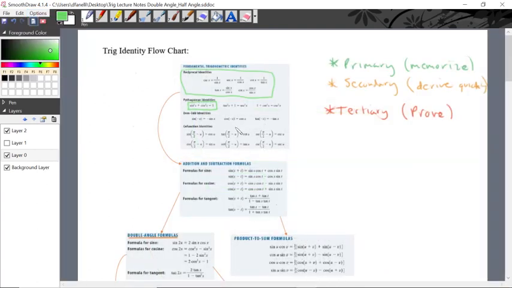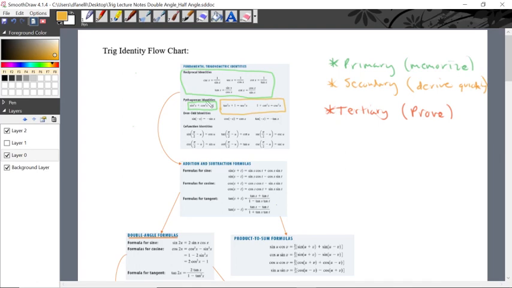Now, the other two Pythagorean identities are extremely important to know as well, but I would say we don't have to have them necessarily memorized. We can put them in the secondary group. We can derive these identities anytime that we need them. We can quickly derive them. How? We've covered that before.